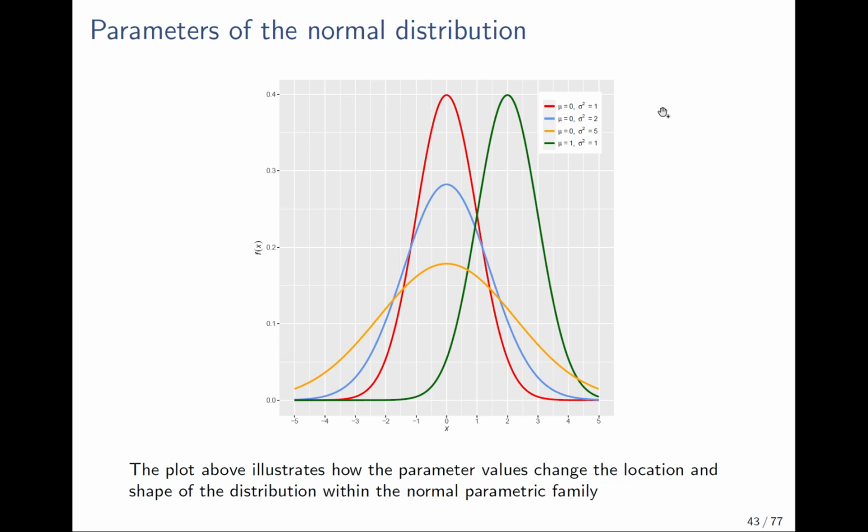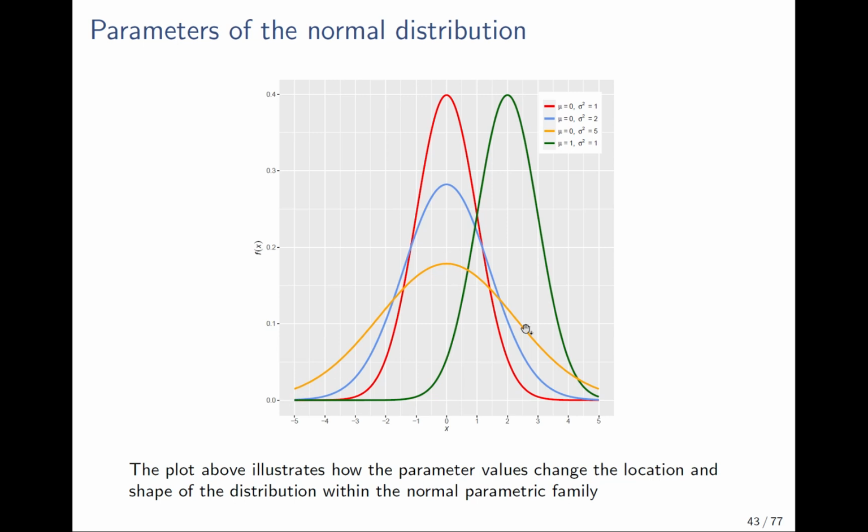The red normal distribution has a mean of 0 and a variance of 1. The blue distribution has the same mean, so the central tendency of the distribution is in the same place, but it's got greater variance. And that's caused the distribution to shrink in height and become wider. We increase variance again, this time up to 5, and again it causes the distribution to become shorter and fatter.